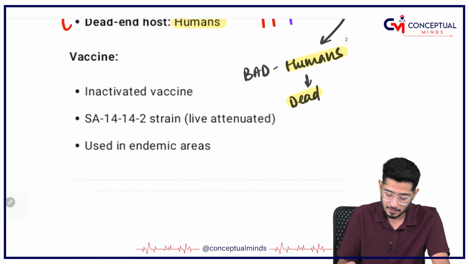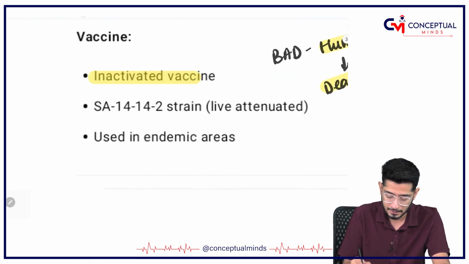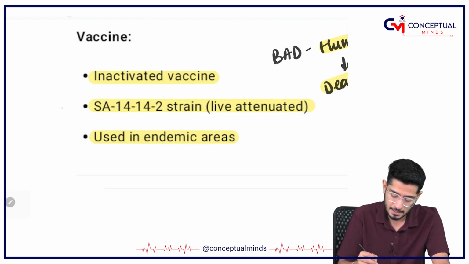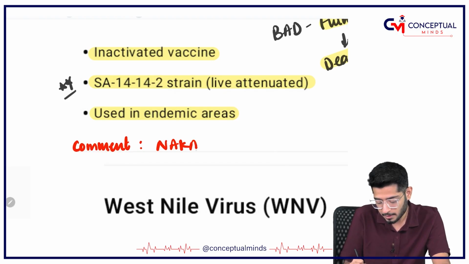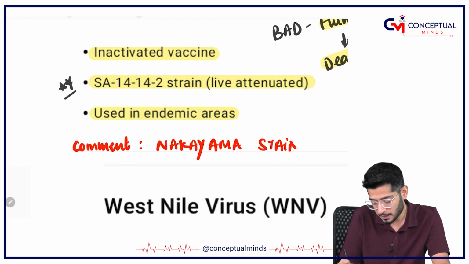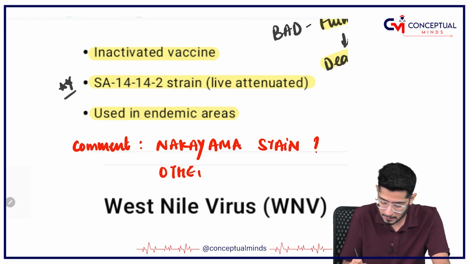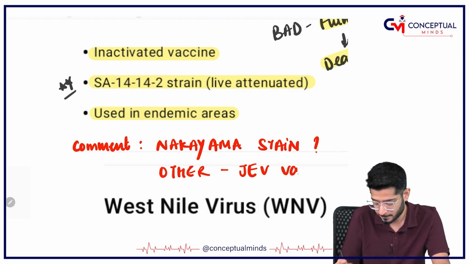Coming on to the vaccine, the most important thing, yes, it is an inactivated vaccine. Yes, it is used in the endemic areas, but the most important thing is this SA14-14-2. Okay, now you will comment down in the comment section what the Nakayama strain is used for, and what are the other strains used for Japanese encephalitis virus vaccine?